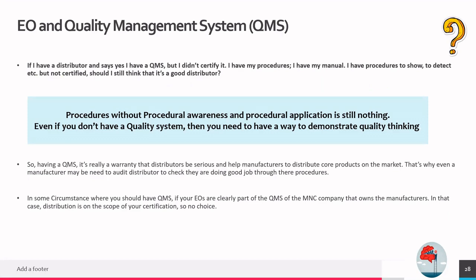So theoretically, because the MDR nowhere mentions that other parties should have a QMS, you can say theoretically yes. But then, as a manufacturer, I will have to do an audit on the distribution processes, because in the MDR there are quite clear criteria for what the distributor must do.